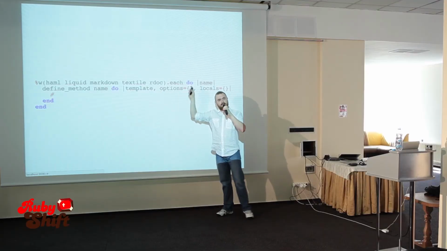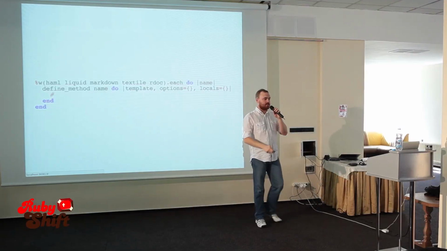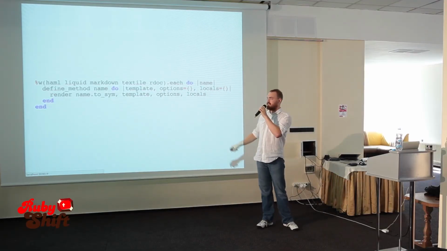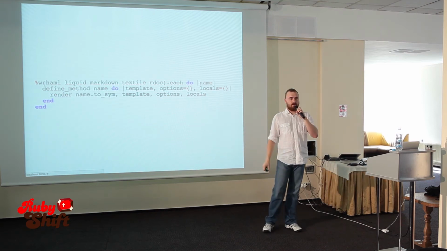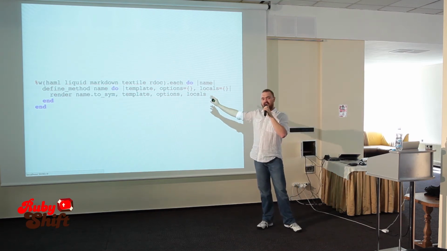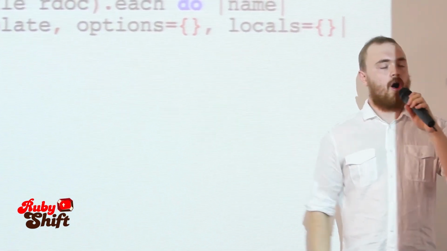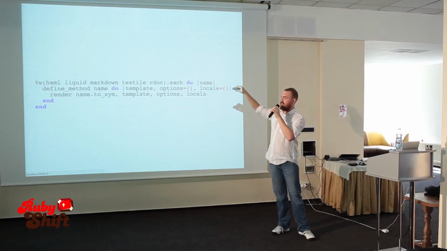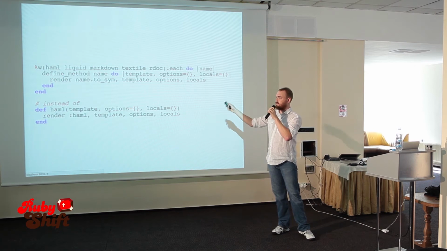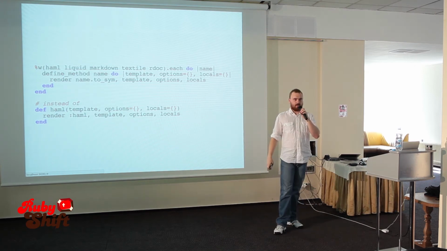So it will be Haml, it will be Liquid, and so on, with some options for that method, and call render name to symbol. And these 5 lines of code would do exactly the same as what 20 or even more are doing. So you can squeeze a lot of code in this instead of the second one.